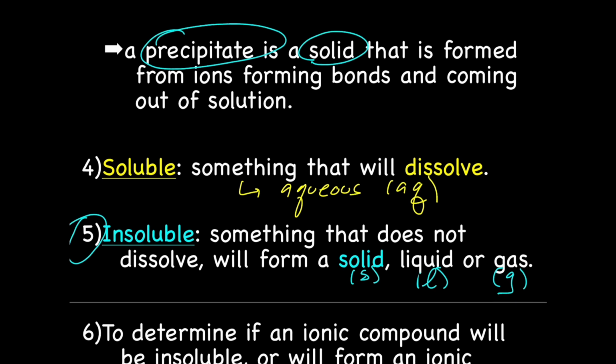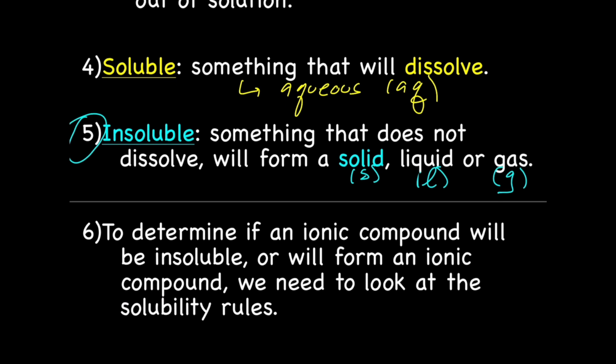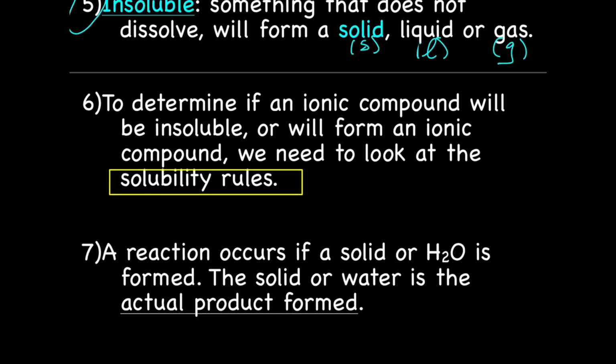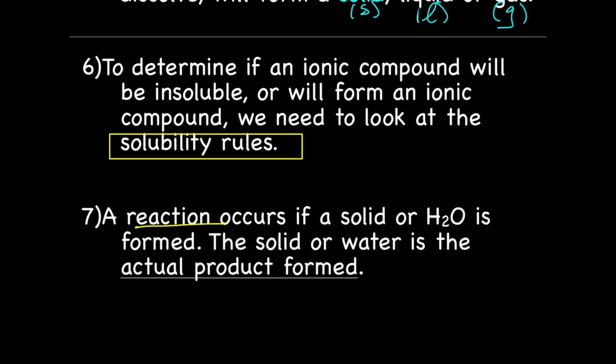So when we're predicting products for double replacement reactions, to determine if an ionic compound will be soluble or insoluble, or if it'll actually form an ionic compound, we're going to be looking at our solubility rules. A reaction will occur if we form a solid, meaning something that is insoluble, or if water, which is a liquid, is formed.